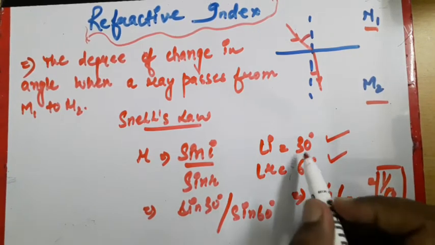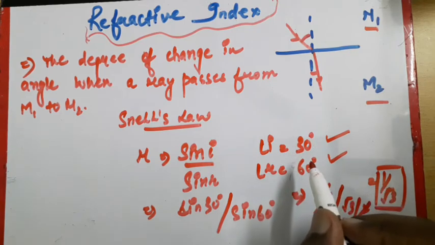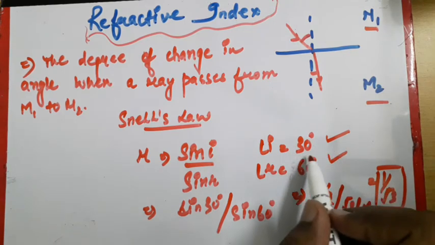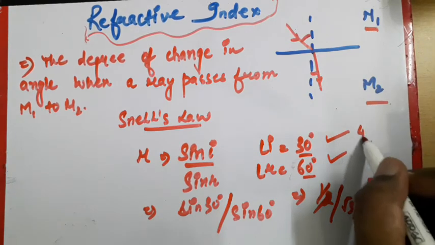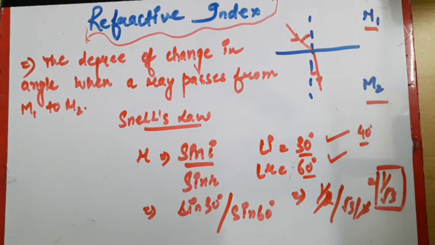Sometimes they may give an angle like 40 degree, whose value you are unaware of. Here the question comes: sine 30 I knew is 1 by 2, sine 60 root 3 by 2, but sometimes it could happen that 40 degree comes and I may not know this value.